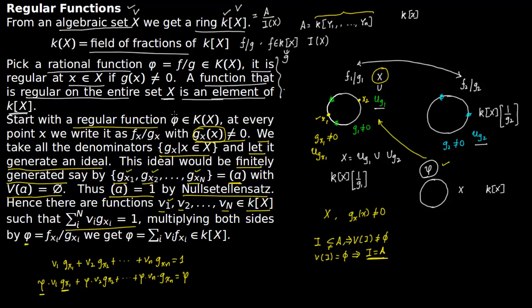So locally this phi looks like f(x) by g(x). So here you rewrite it as f of x1 by gx1. Here you write it as f of x2 by gx2, because you're taking its local value, so phi on this open set. And then here you have f of xn by gxn. Do the cancellation. So what you have left is just a polynomial. This is from k[X] and f of xi is from k[X]. So you just have a polynomial.